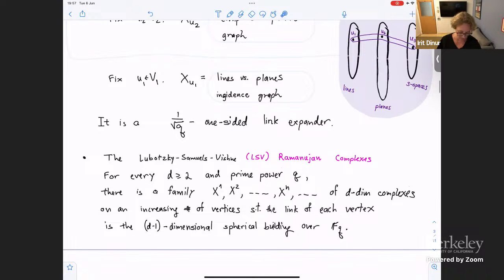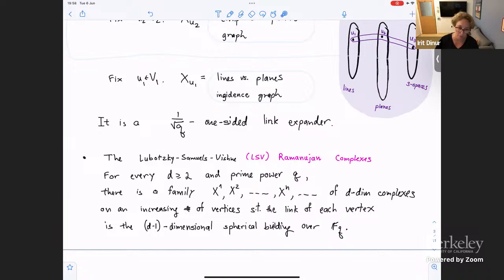So really kind of the way this theory started is by looking at these objects and realizing that you can prove a lot of interesting things about them just by understanding the links, and you don't need to understand the complete picture. And this is really the power of these objects, that they have this local to global feature. A lot of times in complexity, we want to understand some NP-hard problem, some CSP or some global object and we don't know how to get a handle on the entire thing.